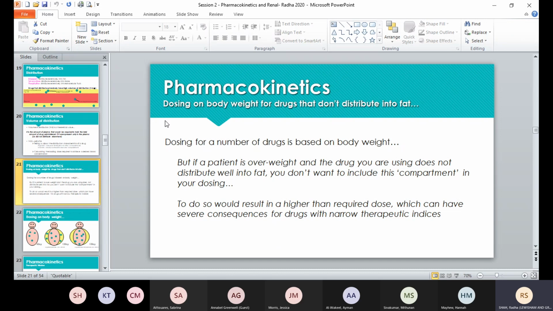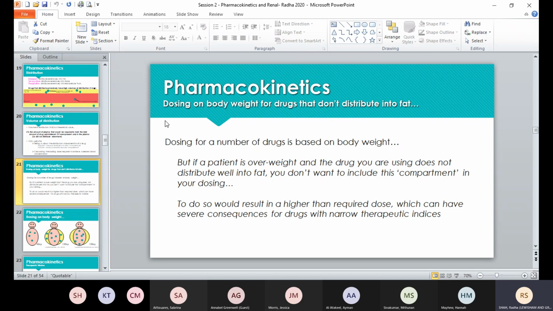Continue. So, dosing on body weight for drugs that don't distribute into fat. Dosing for a number of drugs is weight-based, but if a patient is overweight and the drug you're using does not distribute well into the fat, you don't want to include this compartment in your dosing, which makes sense because if all the drug is within the plasma, then it's really irrespective of what the patient weighs because it doesn't distribute into the fat.